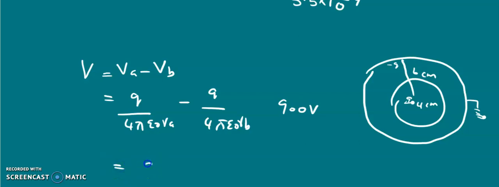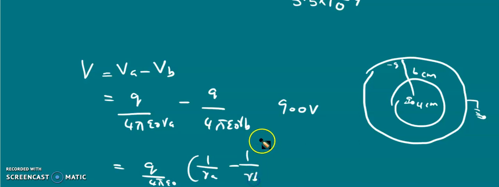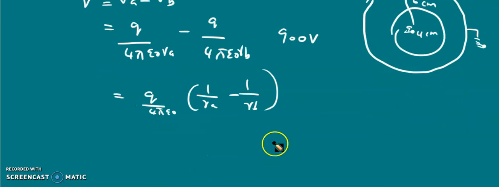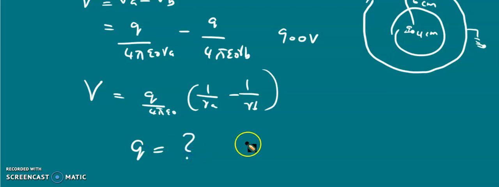So that is Q by 4 pi epsilon 0 into 1 over RA minus 1 over RB. RA and RB are given, and the potential V is also given, 900 volt. Substituting those values, from this equation you can find the charge. Please calculate this charge. This is an assignment for you.